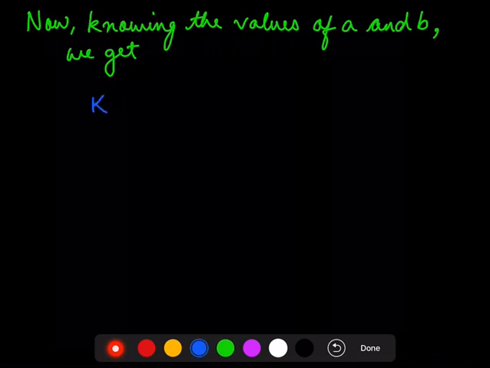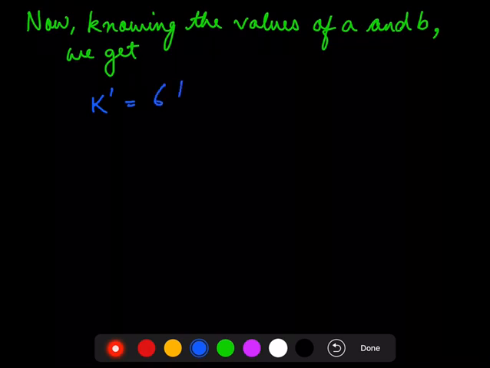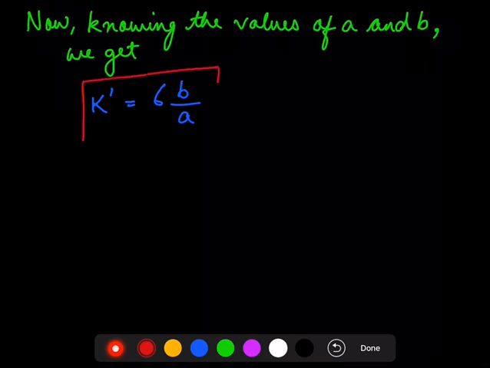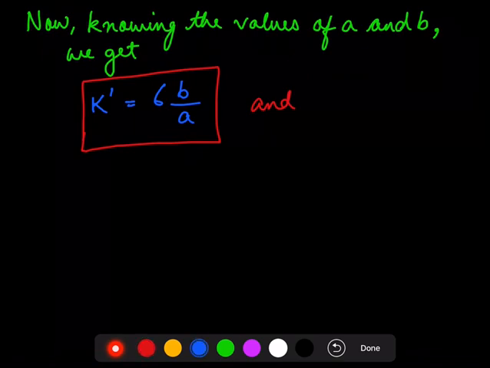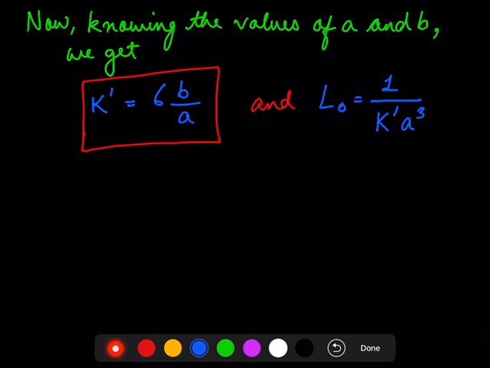k dash equals 6b by a, and L naught equals 1 by k dash a cube.